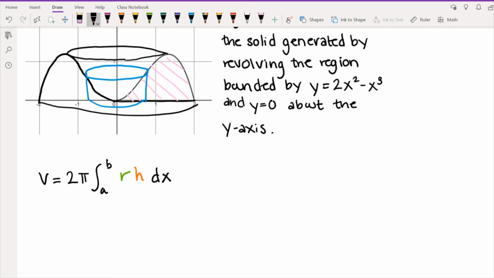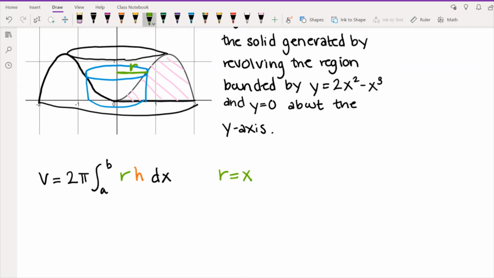Okay, so let's look at our picture here and let's look at the cylinder we drew. So the radius would be this distance here, right? This is our radius. So what is the radius going to be? Well, notice that we can draw a cylinder at any x value we want, right? So the radius is actually just going to be x. So again, why is that?